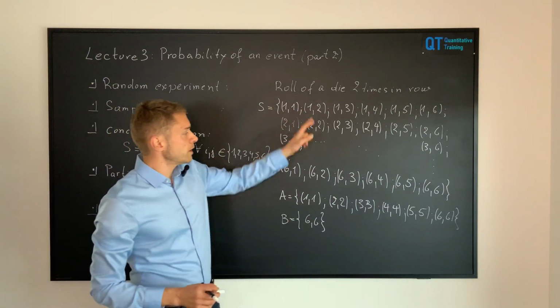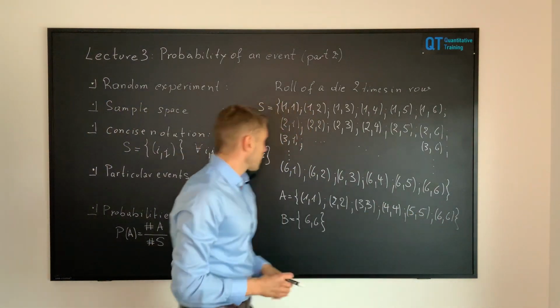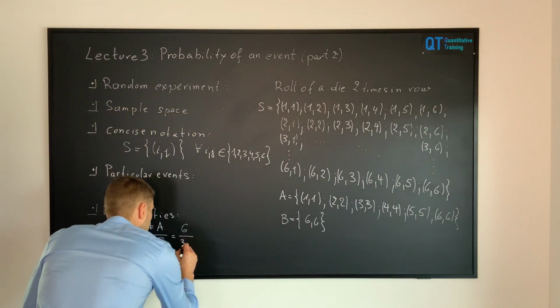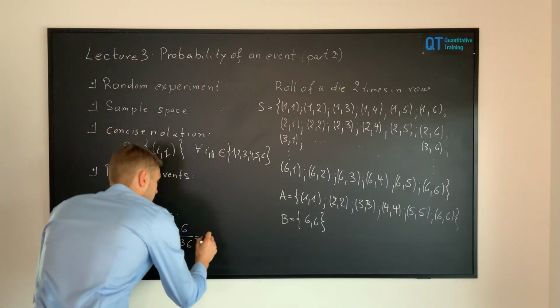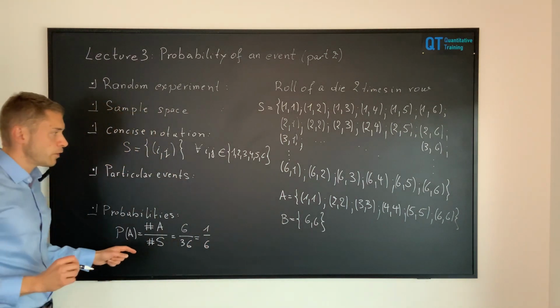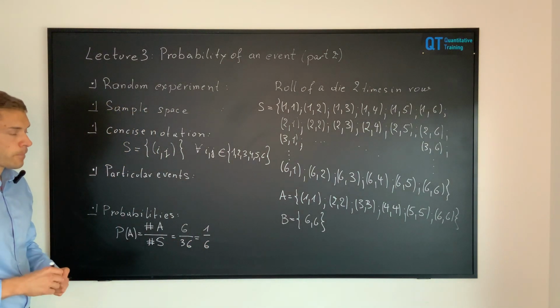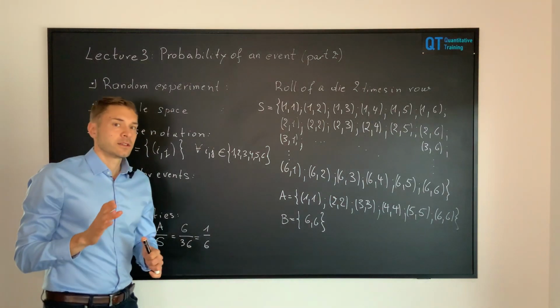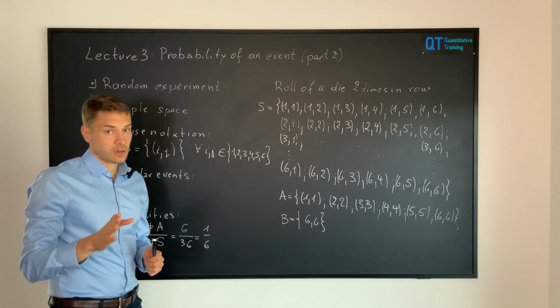By simplifying we obtain 1/6. That is the probability of obtaining 2 times the same number when rolling a die 2 times in a row.